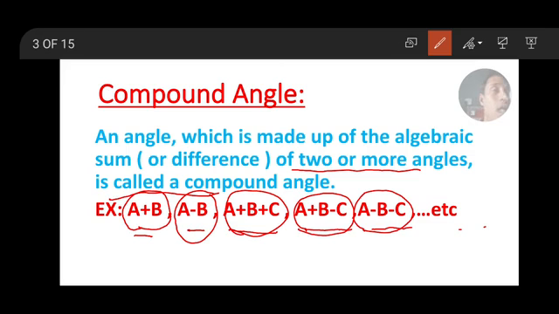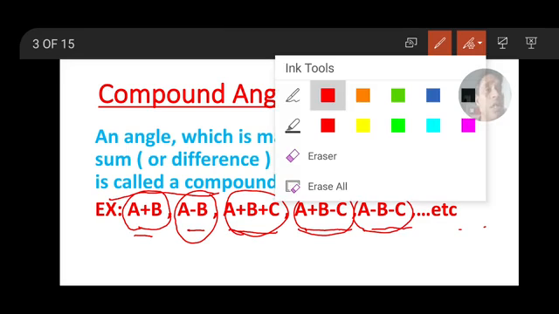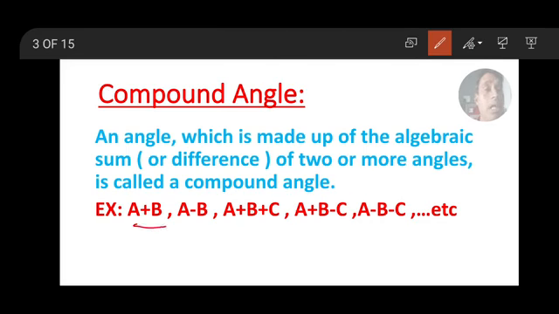In our syllabus we have a plus b, a minus b, a plus b plus c, and for these we have formulas and related problems.